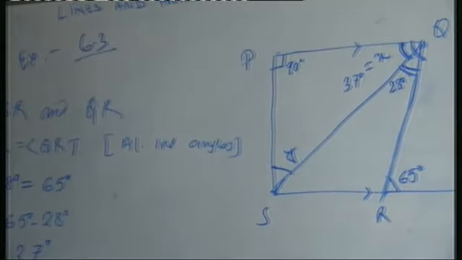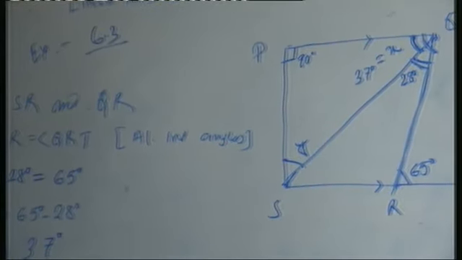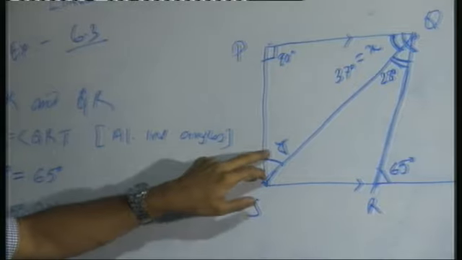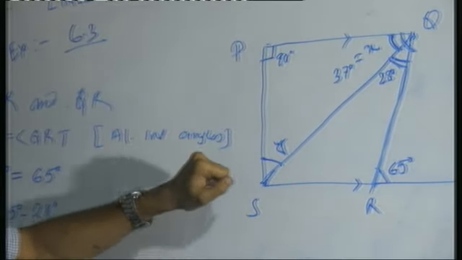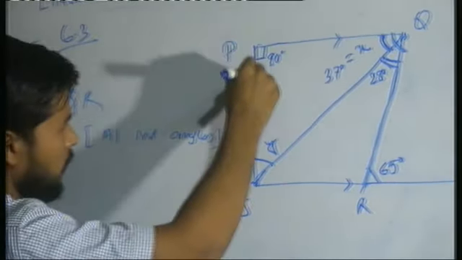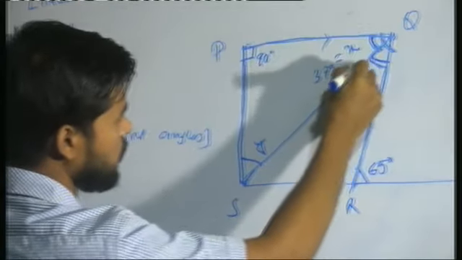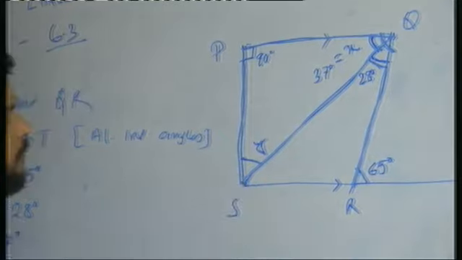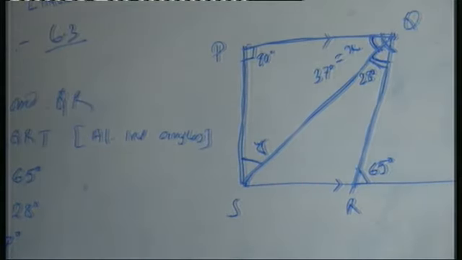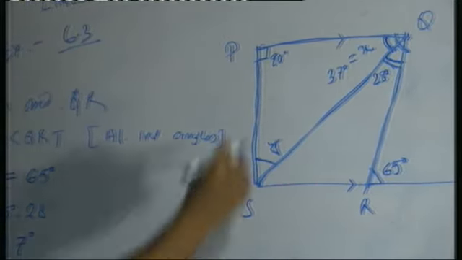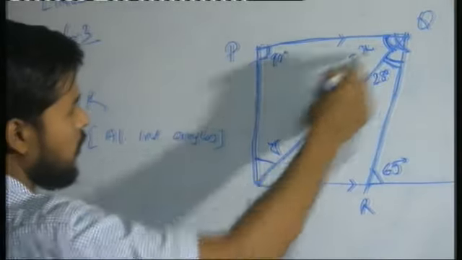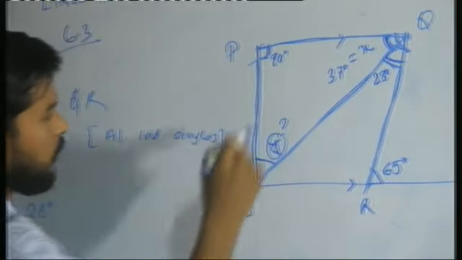Okay, now X is known. We have to calculate now value of Y, value of this angle. Now for that, if I consider this triangle, means PQS, and if we apply the angle sum property, because this angle is known, we have to find the remaining one unknown angle.